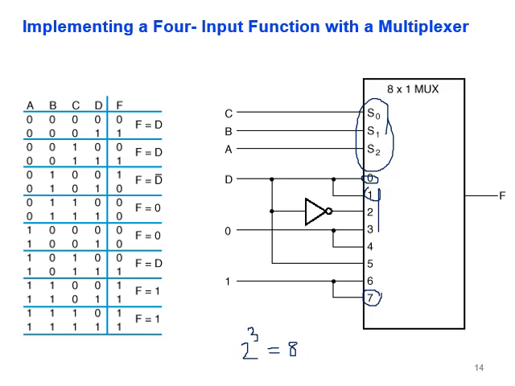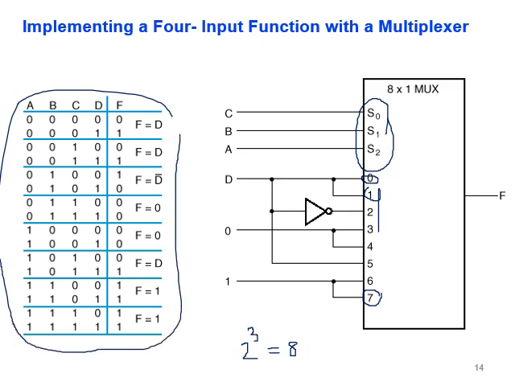Then we need 3 switches for selecting S0, S1, S2. If we apply the same discussion for the 4x1 mux, we will find the truth table here represented by this one. I advise you to apply just 1 or 2 of these values and check how the output looks.